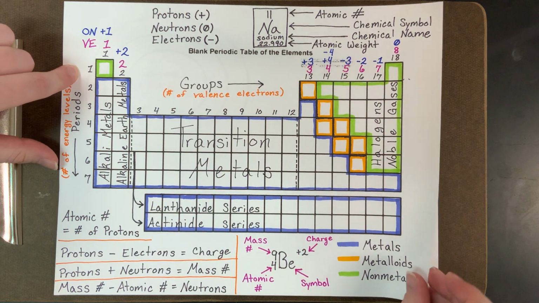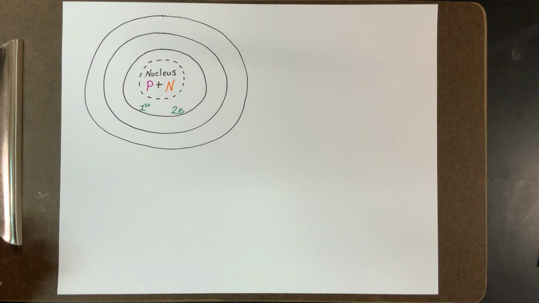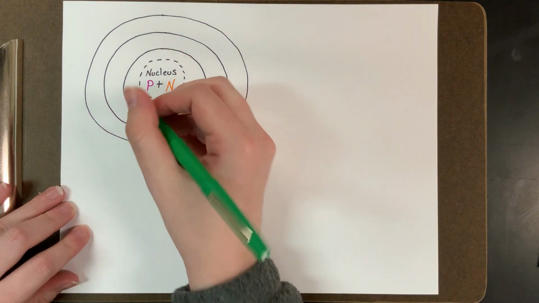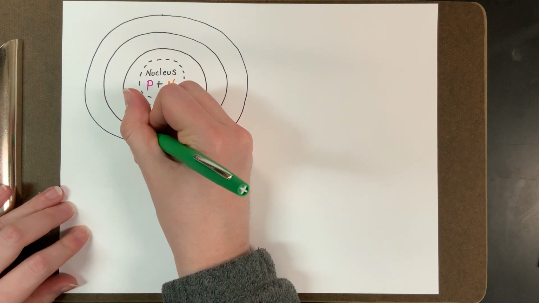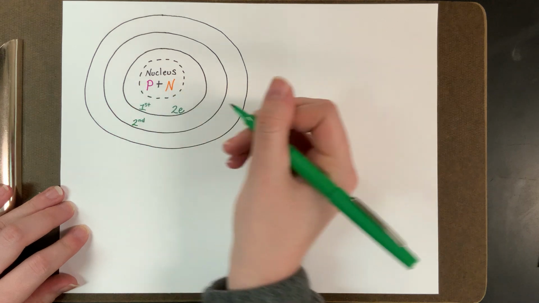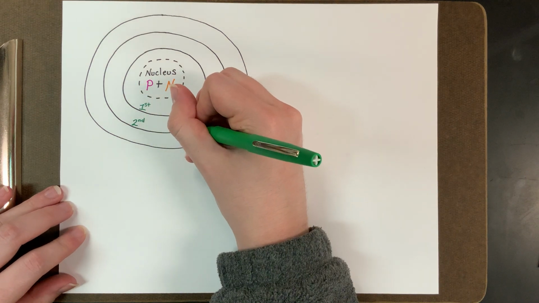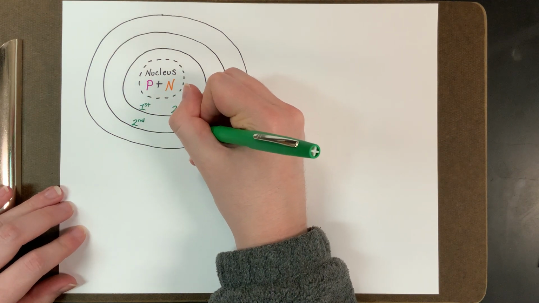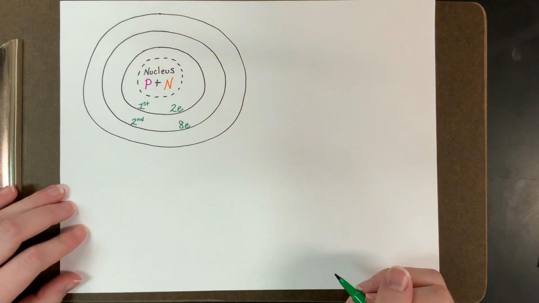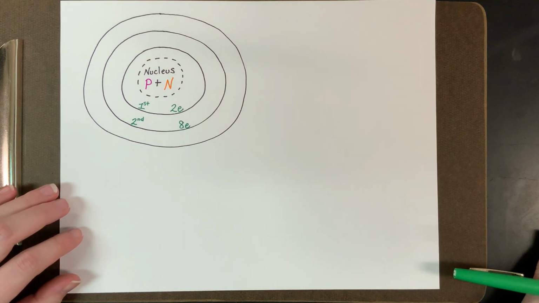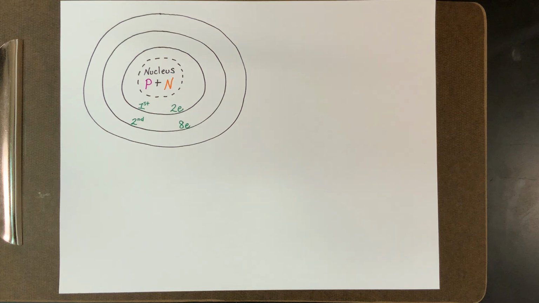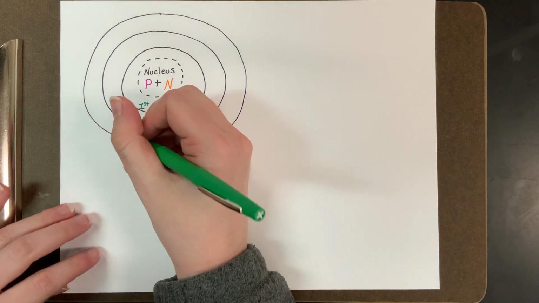So if I only have 2 elements, I can only hold 2 electrons. Then it starts to fill the second energy level, and this one can hold up to 8 electrons. And if you were to count on period 2, there are 8 different elements. And so you're gonna stop wherever you need to.